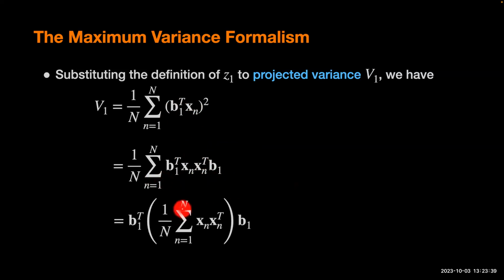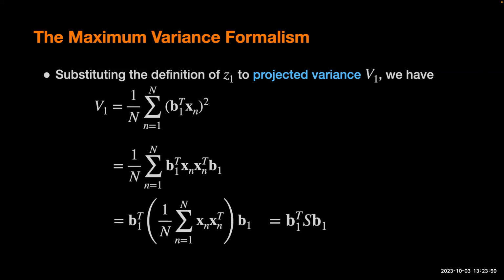You get to this point, and this looks very familiar, which is the covariance matrix of the data. So the variance of this newly projected data is just this unknown b_1 that I want to optimize, times S, times b_1.